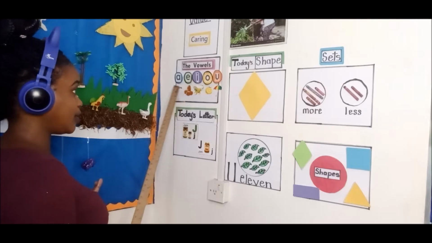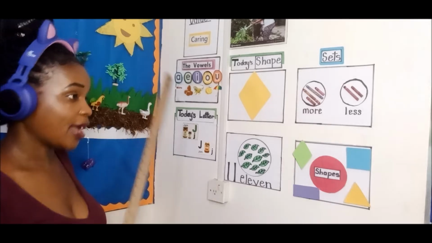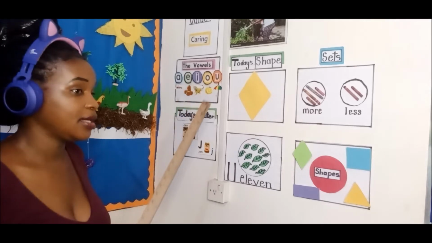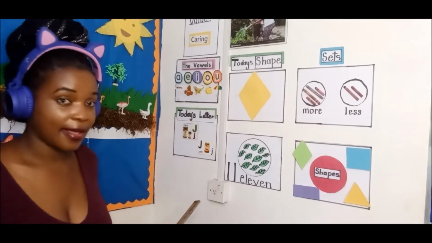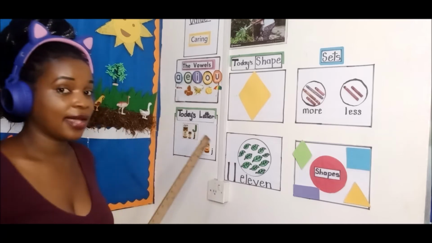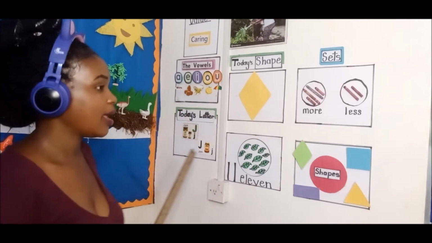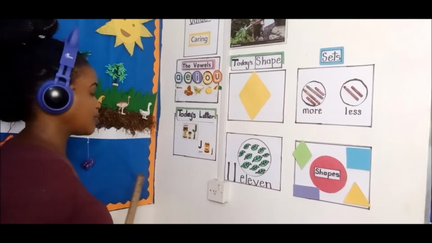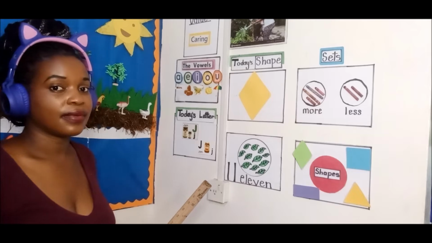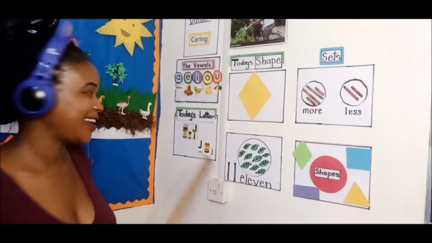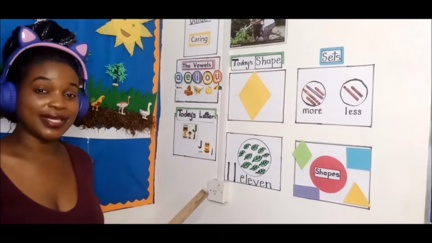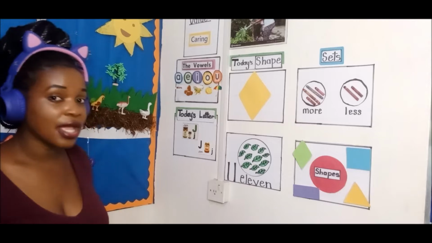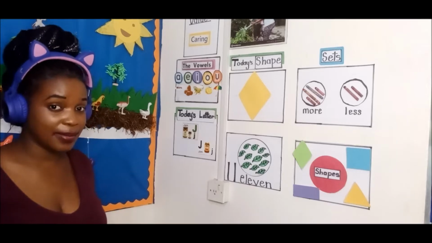The long sound for letter A says A, and the short sound says A. The long sound for letter E says E, and the short sound says E. The long sound for letter I, the short sound says I. The long sound for letter O says O, and the short sound says O. The long sound for letter U says U, and the short sound says U. Okay, boys and girls, the long sound says its name.